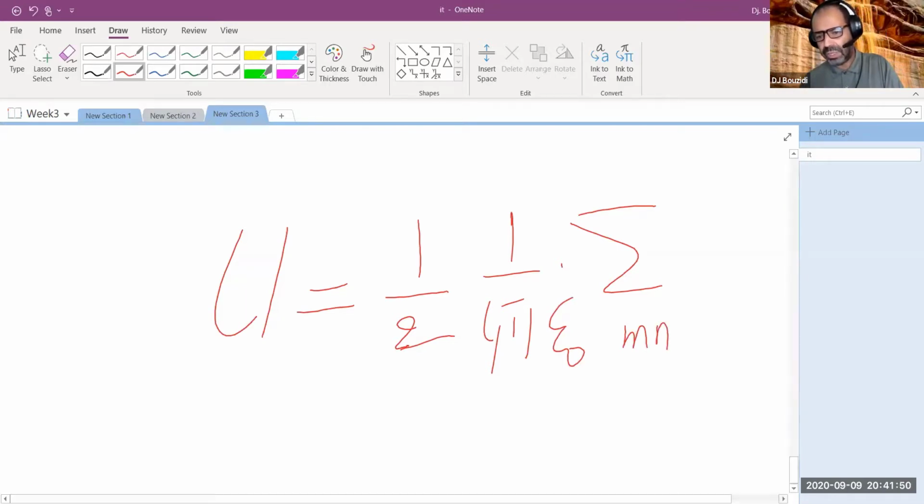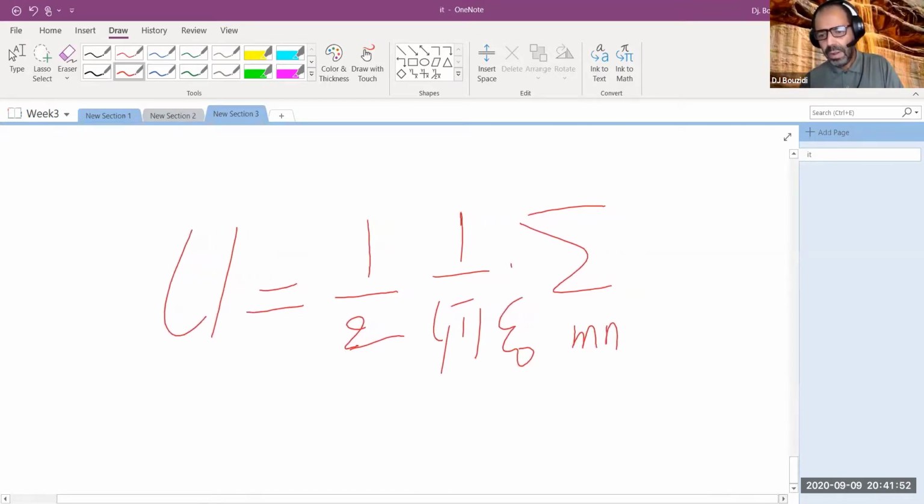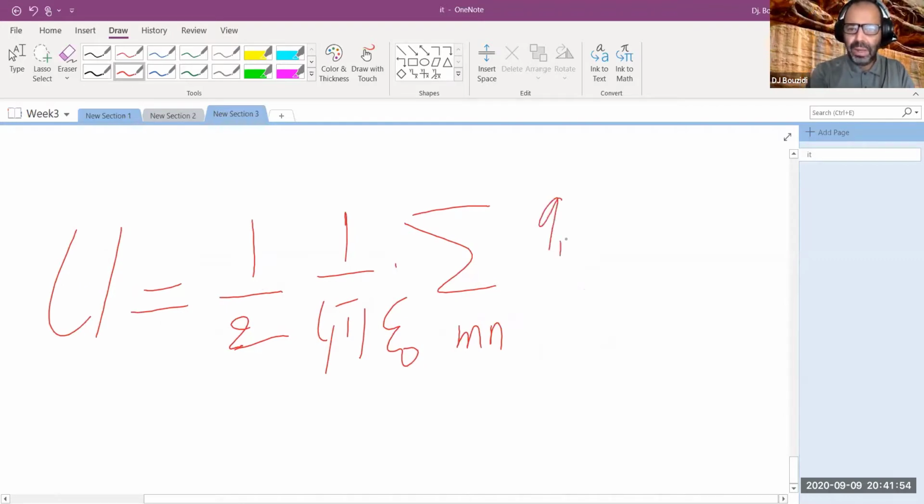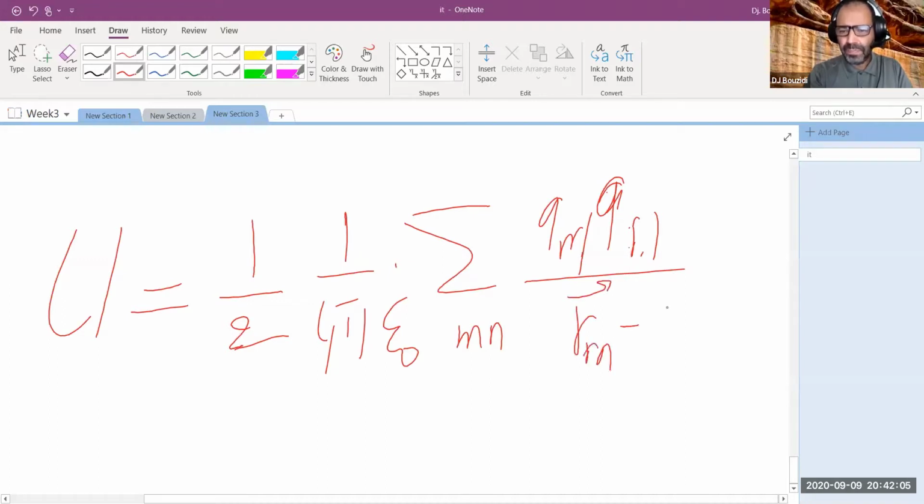I'm counting the charges now. Of Qm Qn divided by the distance between m and n, with the condition that m is not equal to n.